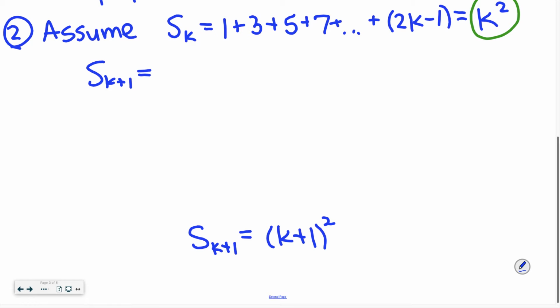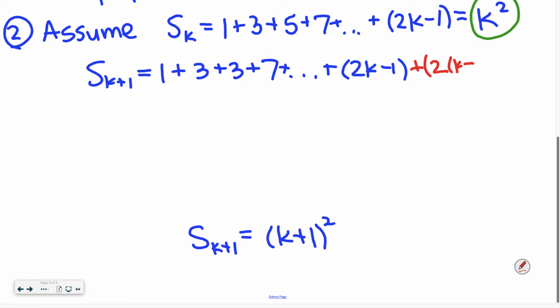If I'm talking about the k plus 1 sum, then we are going to add everything from the k sum, and then we are going to add the k plus 1 term. How did I get this right here? I took this, and my next term is the same thing with k plus 1 plugged inside.